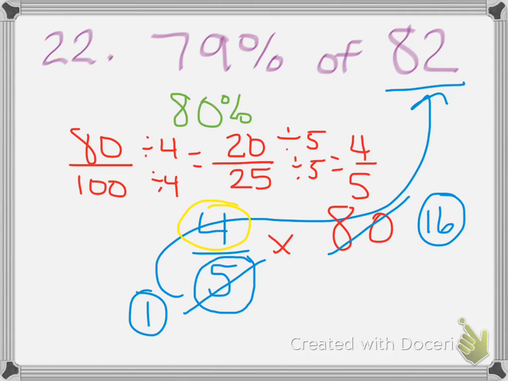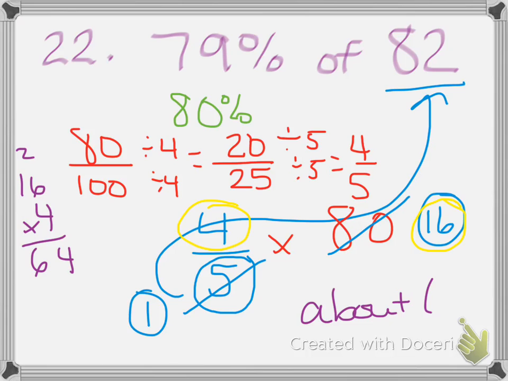So you have this 4 that's left, and now you have this 16 that's left. You're going to multiply 4 times 16, and that gives you 64. So your answer is going to be about 64.